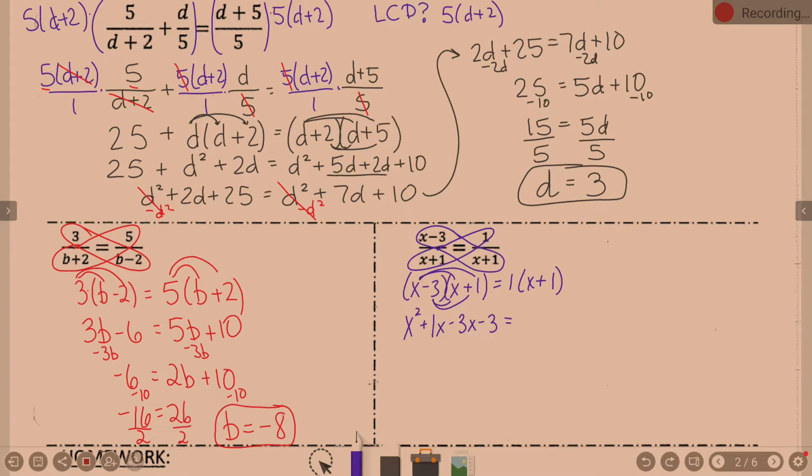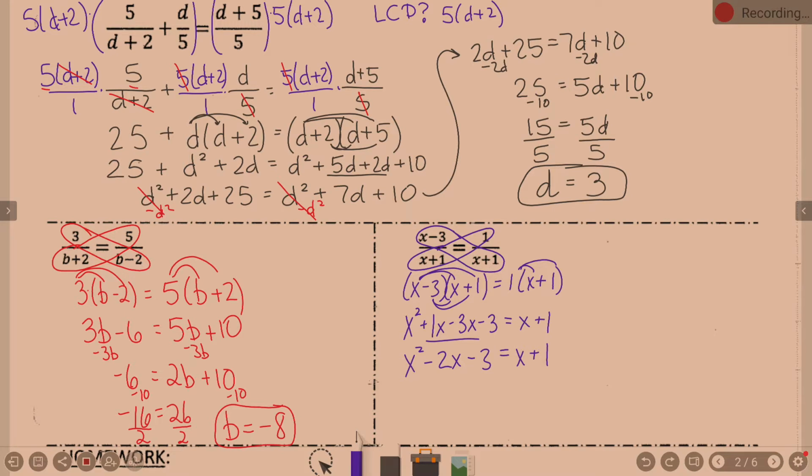On the right, what happens when you do 1 times x plus 1? It's x plus 1. Yeah, you can multiply that 1 if you want, but it's x plus 1. Clean up your left. 1x minus 3x is negative 2x.